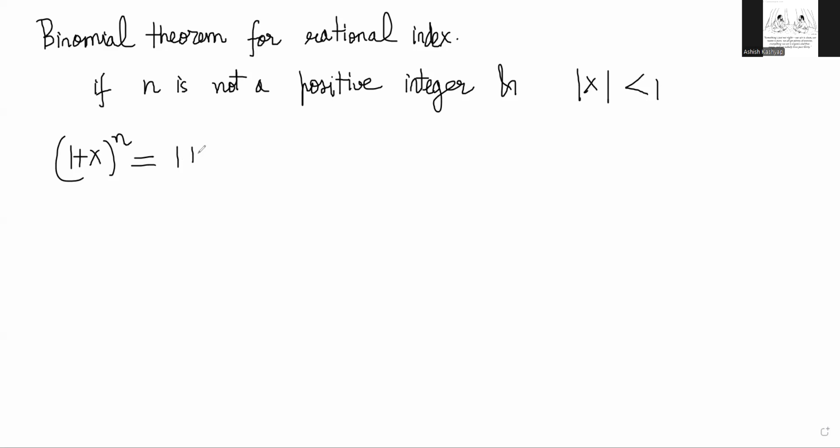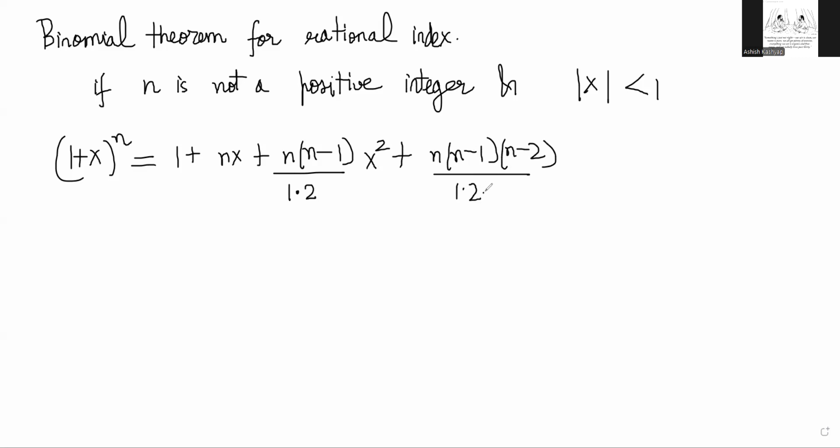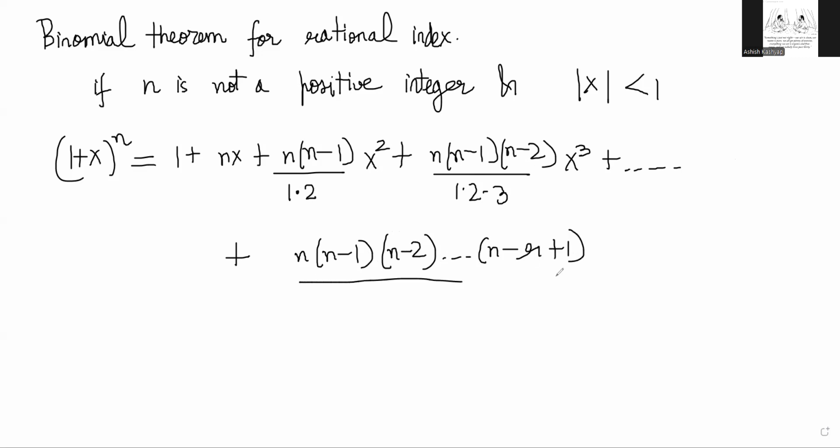In that case, the binomial theorem looks like this: 1 plus nx, n into n minus 1 by 1 into 2, x square plus n into n minus 1, n minus 2 by 1 into 2 into 3, x cube, and so on. And for example, the rth term here is n into n minus 1, n minus 2 till n minus r plus 1 by 1 into 2 into 3 till r, x power r.